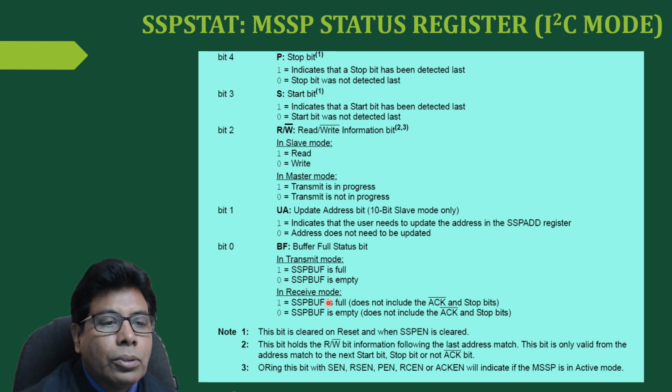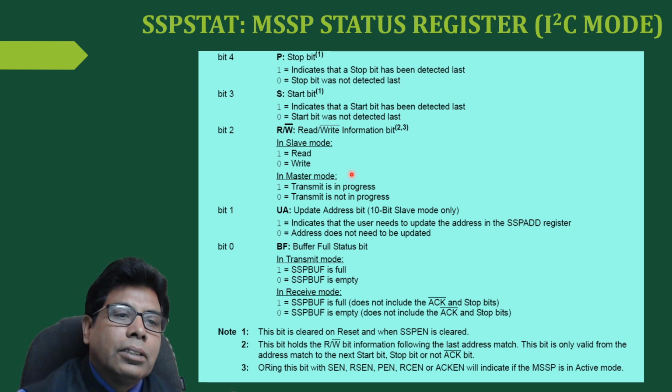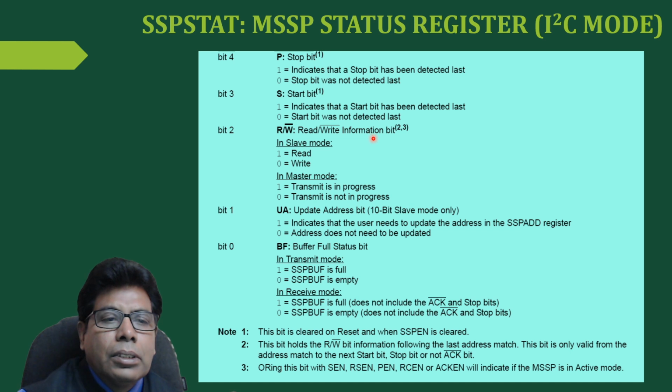And in receive mode, 1 means the SSP buffer is full, but it does not include the acknowledgement and stop bits, and 0 means the SSP buffer is empty. So in this way, the status register will have the information about the status, and different bits will be used for different purposes.